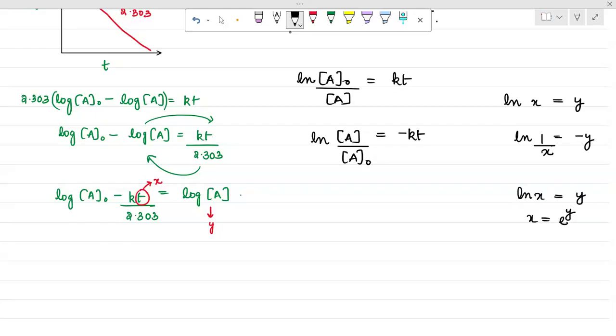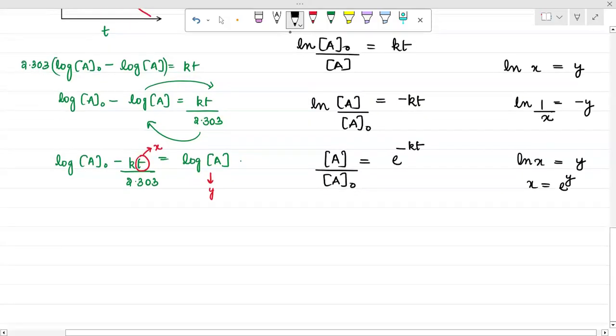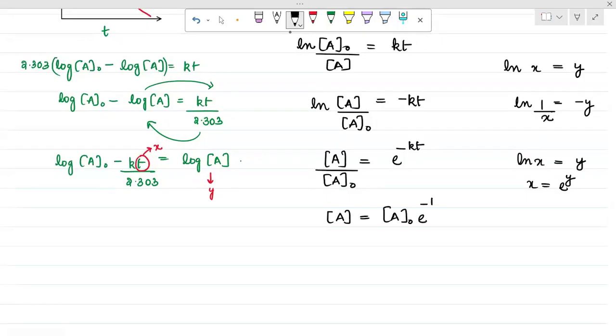So if I take anti-ln on both sides, it becomes A by A naught is equal to e to the power minus KT. And if I rearrange, final concentration is equal to initial concentration e to the power minus KT. Equation number 6.